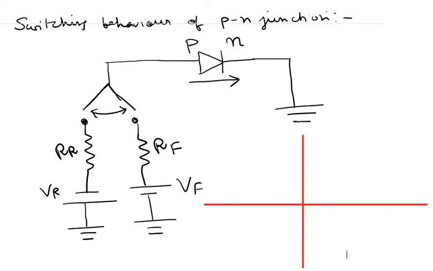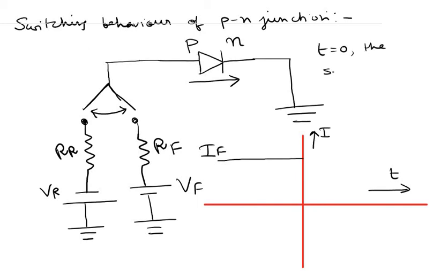So before the time t equal to 0, the forward biased current is flowing across the diode, and this axis is the time axis, and this is the current through the diode I. So before t equal to 0, the forward biased current is flowing through the diode, so this is IF, the forward biased current here. And then at t equal to 0, the switch is rotated, so the diode basically goes from forward bias to reverse bias.